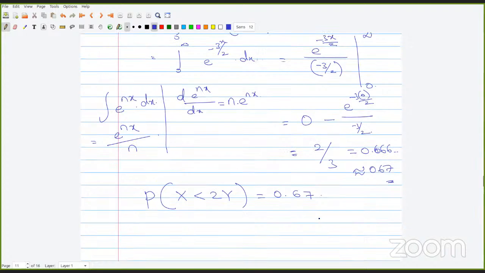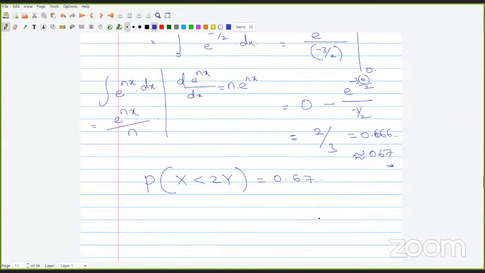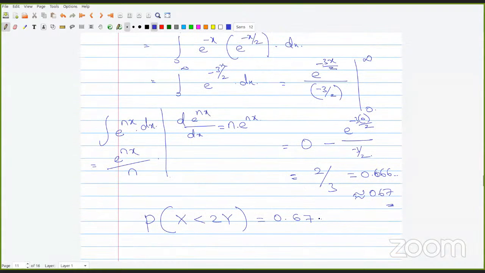Yes, sir. So here e power minus 3/2. Like we will be giving the value here. Like we have simplified this: e power minus 3/2 by minus 3/2, right? Here the limit is 0, it is e to the power 0, so this will be 1. Infinity to 0, x will become 0.